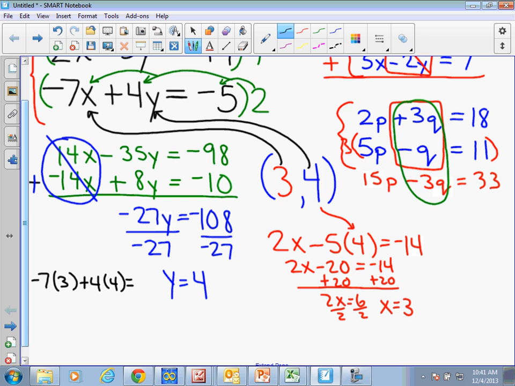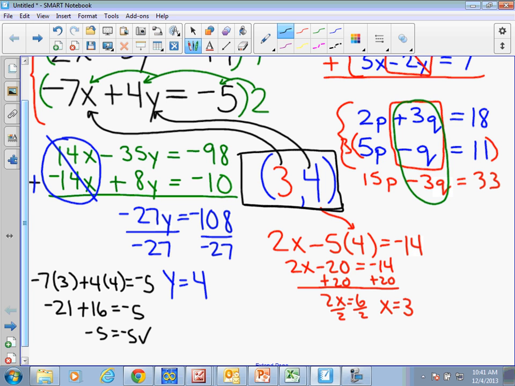That has to equal a negative 5. So I have negative 21 plus 16 equals a negative 5. Negative 5 equals a negative 5. It checks. So now I can assume that my solution to this system is the ordered pair 3, 4.